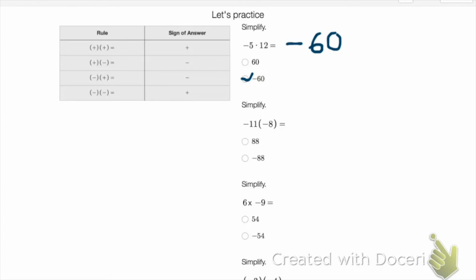Negative 11 times negative 8, so negative times negative, the answer is a positive. 11 times 8 is 88, so positive 88. 6 times negative 9. Positive times negative, the answer will be negative. 6 times 9 is 54. Negative 54. Negative 3 times negative 4, the answer will be a positive, and 3 times 4 is 12.